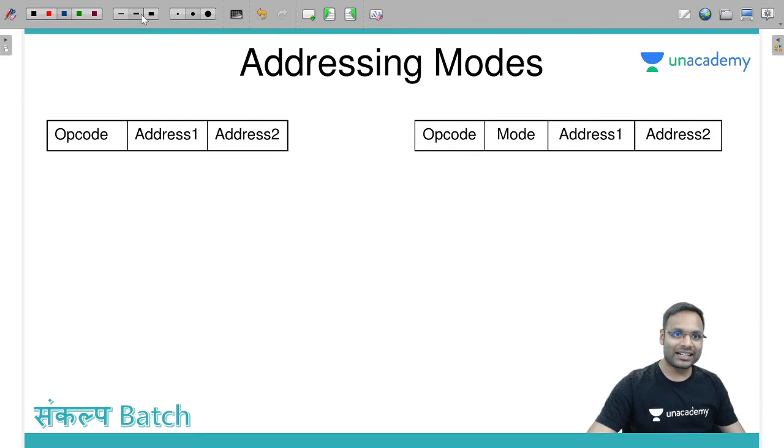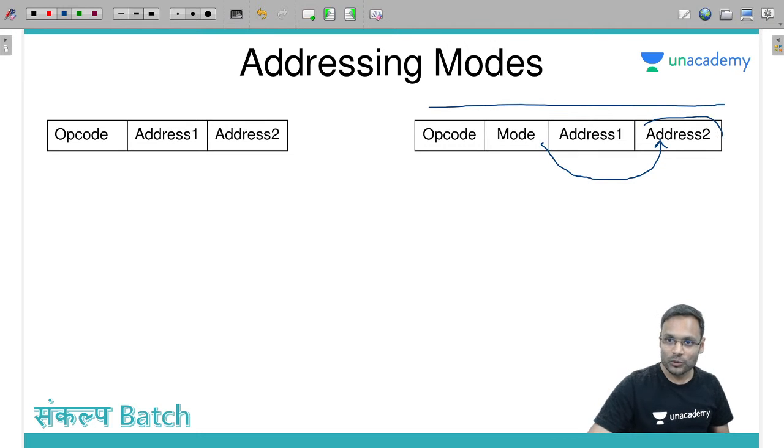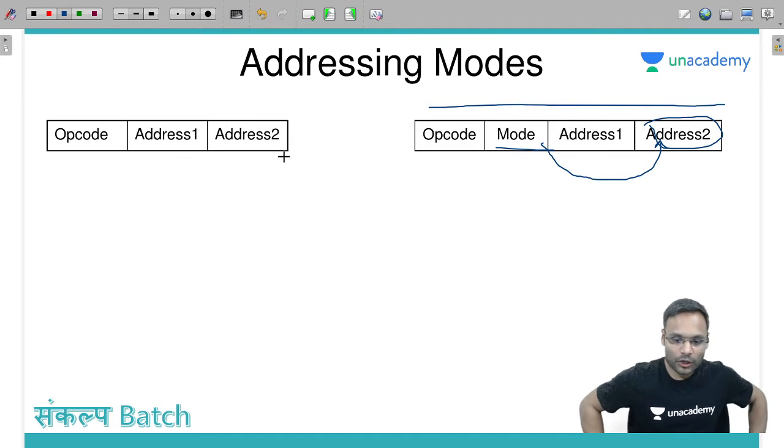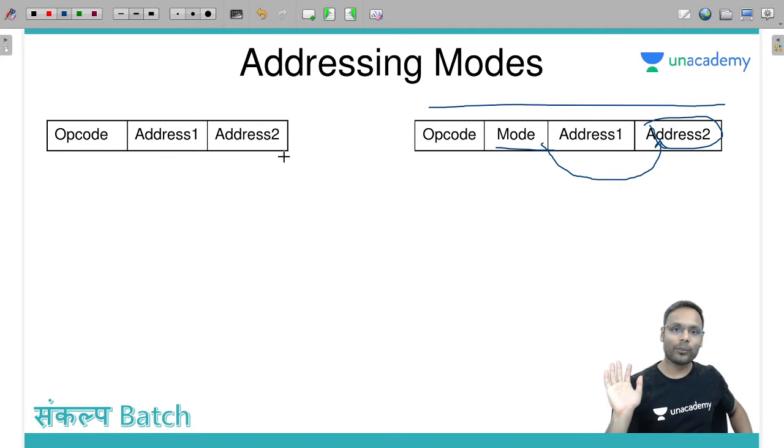तो अगर एक एड्रेस फील्ड आपको अलग अलग टाइप से ऑपरेंड दिलवा सकता है, तो किस टाइप से इस इंस्ट्रक्शन को मिलेगा ऑपरेंड using this address, ये कौन बताएगा? मोड बताएगा. So the mode bit gives you that idea, specifies how to use the address so that we can get the operand.